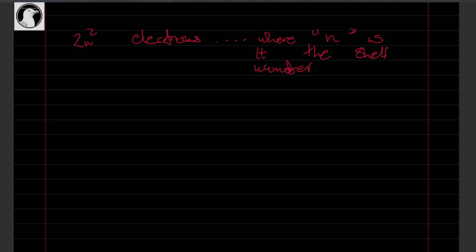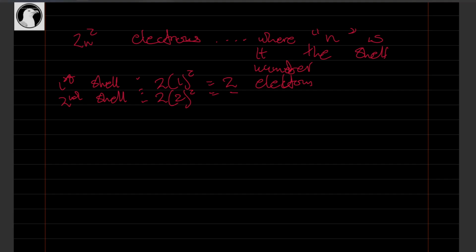So for example, in the first shell, there would be 2 times 1 squared, which is equal to 2 electrons. Then for the second shell, we have 2 times 2 squared, which would be 8 electrons.